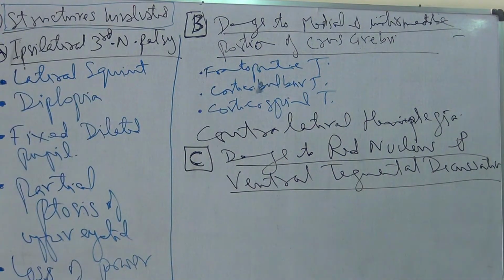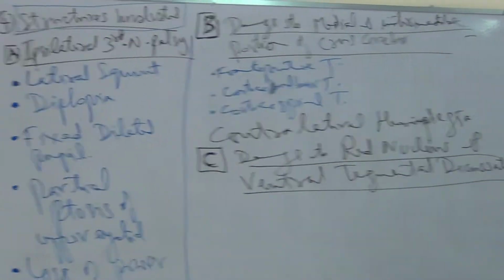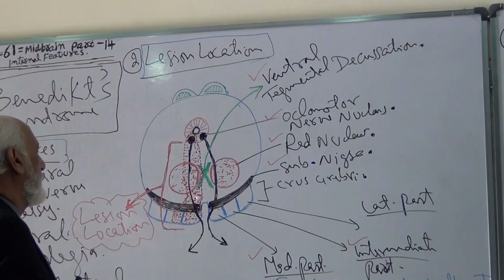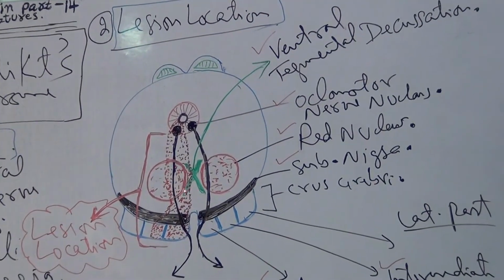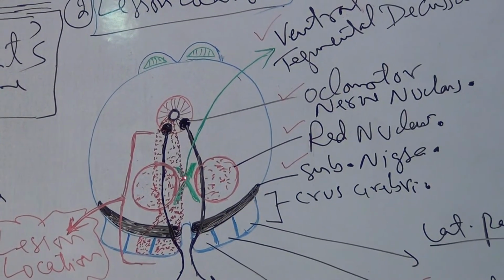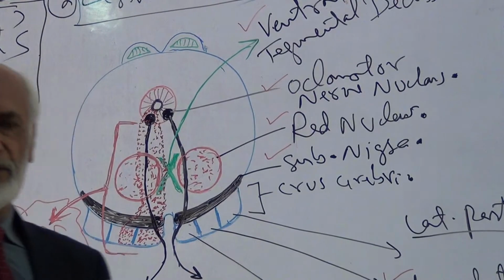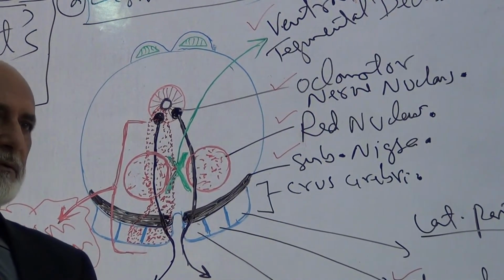As indicated and shown in this diagram, the red nucleus and ventral tegmental decussation are also involved in this lesion. So what are its effects?